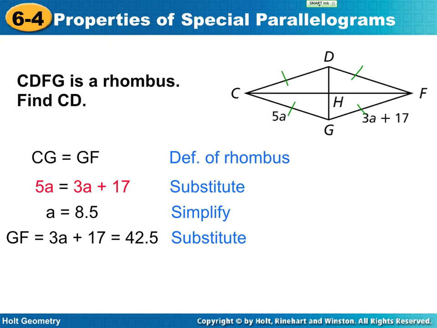Now I didn't have the expression for CD, so notice I could put the 8.5 into the 5 times A, or into the 3 times A plus 17, either place. No matter which one you put it into, you're going to get 42.5. All the sides will be the same length on a rhombus.